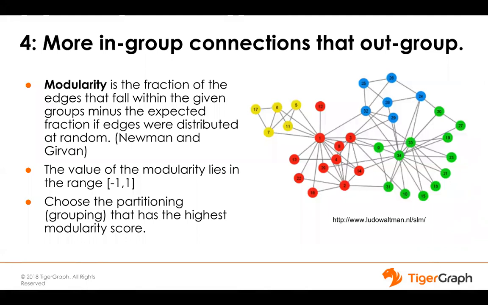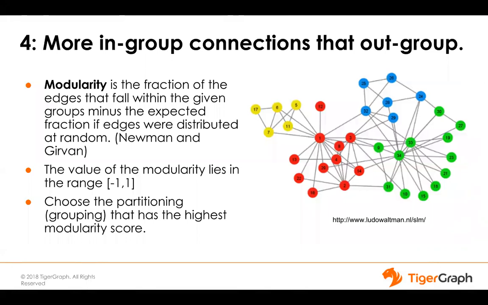And lastly, number 4. This says, again, where the number of in-group connections tends to be more than the out-group. And this is using a particular measure called modularity. Modularity is the fraction of the edges that fall within the group minus the expected fraction if edges were distributed at random.